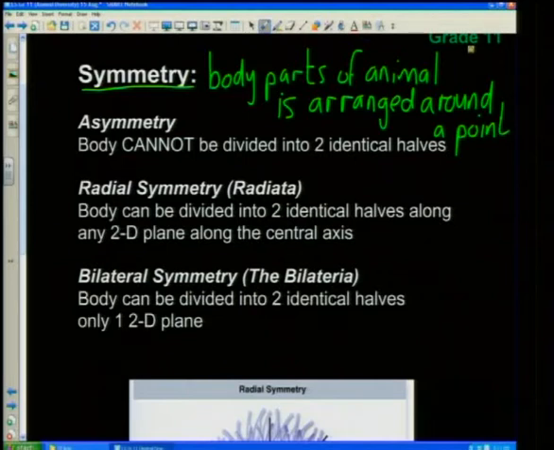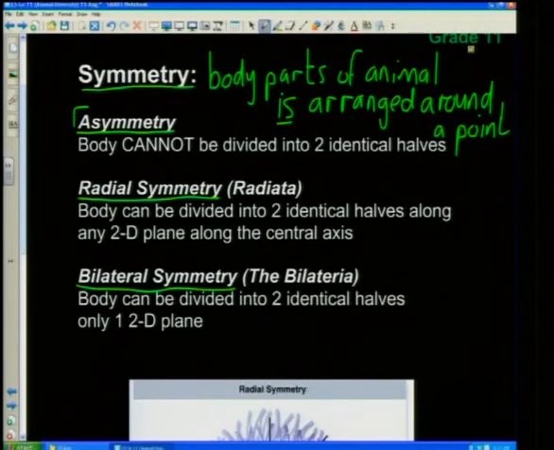So that will be a definition of symmetry: how the body parts of an animal are arranged around a point. Now there are 3 types of symmetry: asymmetry, radial symmetry, and bilateral symmetry.